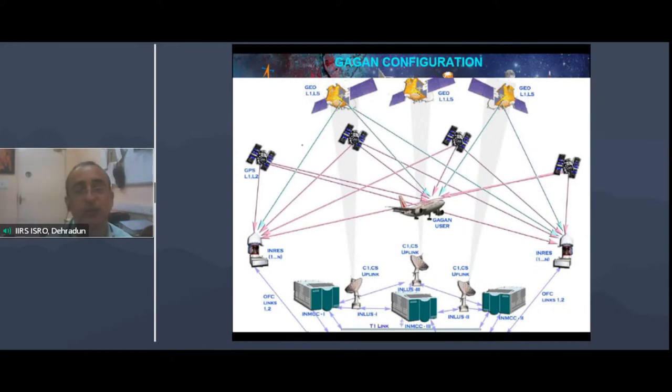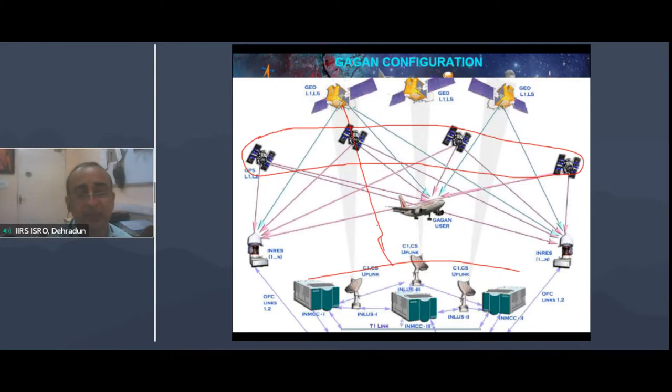These are the GPS satellites of the USA, which are giving the signals. From the signals, the corrections are calculated on the ground, and these corrections are uploaded to the geostationary satellites, a total of 3 in number.